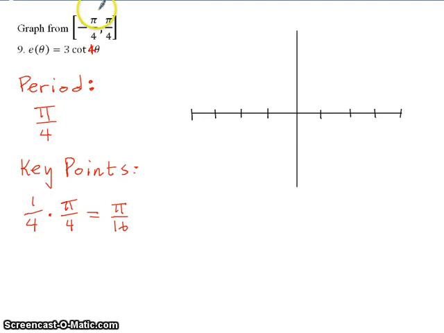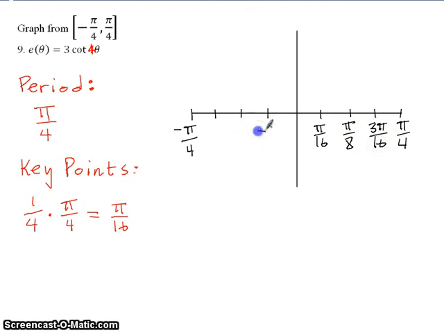This one's really easy here because I know negative pi over 4 is here, positive pi over 4 is here, and 1/4 of pi over 4 is pi over 16, and pi over 16 plus pi over 16 is 2 pi over 16, and then 2 pi over 16, 3 pi over 16, and then 4 pi over 16.